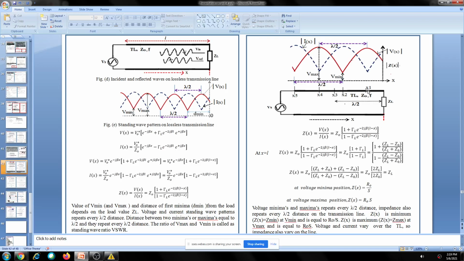But if you measure at x1, it is not equal to ZL. If you measure at x2, it is also not equal to ZL. That is because we are not treating this as a simple short.